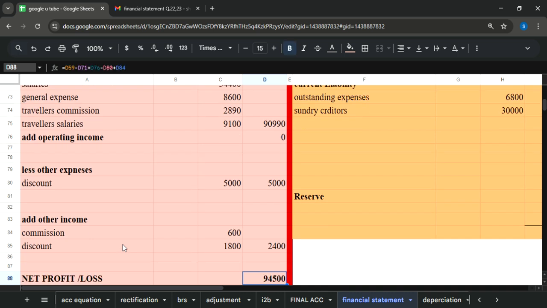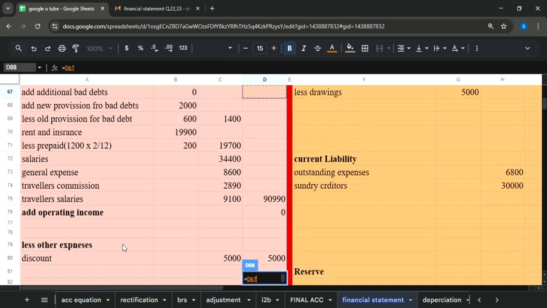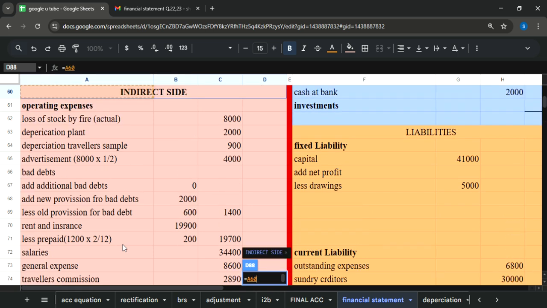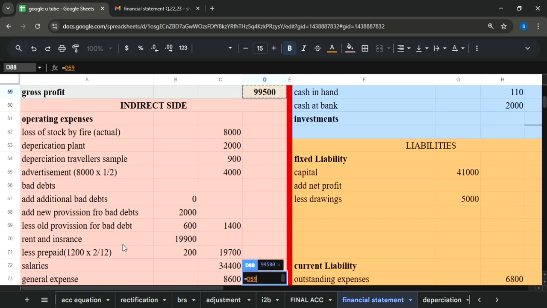So guys, in this way we have mentioned all 4 parts of the indirect side. It means we can now start our calculation regarding our gross profit and our net profit.